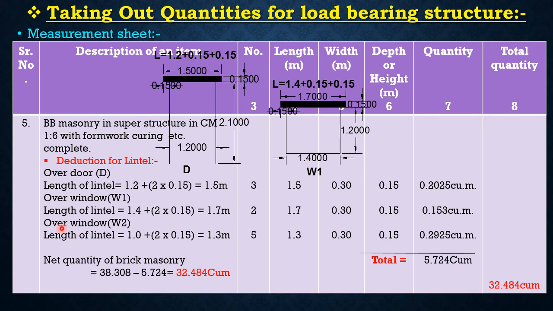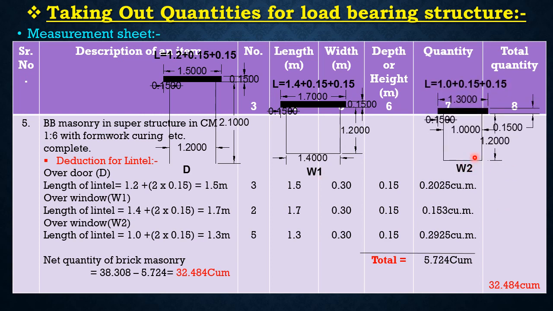Then lintel over window W2, length of a lintel. Length of W2 window is 1 meter plus 2 into 0.15 as a bearing equal to thickness of a lintel. Length is 1.3 meter. Number of W2 window is 5. Length is 1.3 meter.